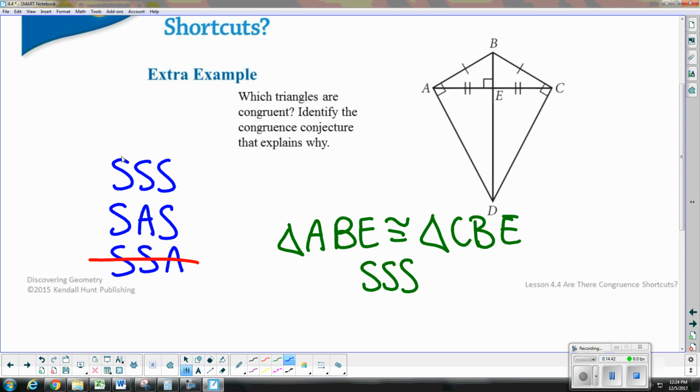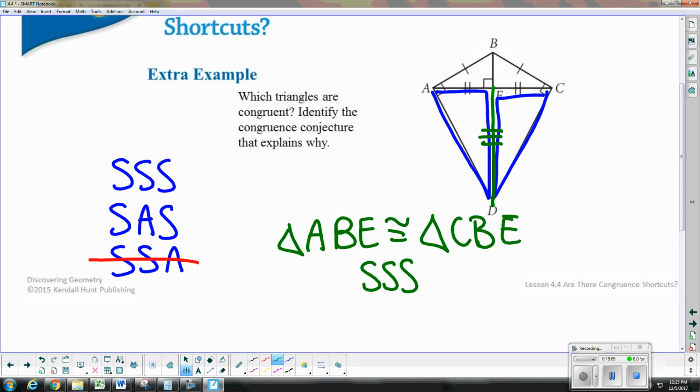We can look at this triangle, and let's look at this triangle. So there's not a whole lot of information given, but we do see that this is a shared side. So we can mark DE congruent to DE because it's a shared side.